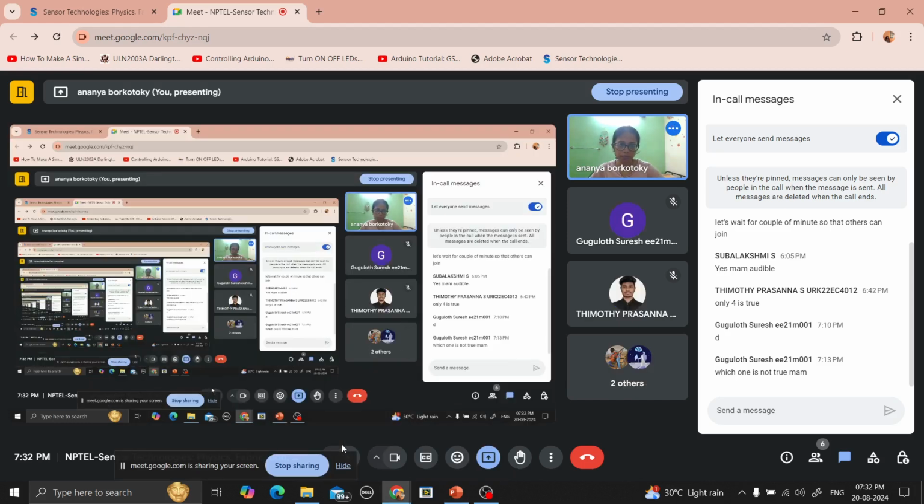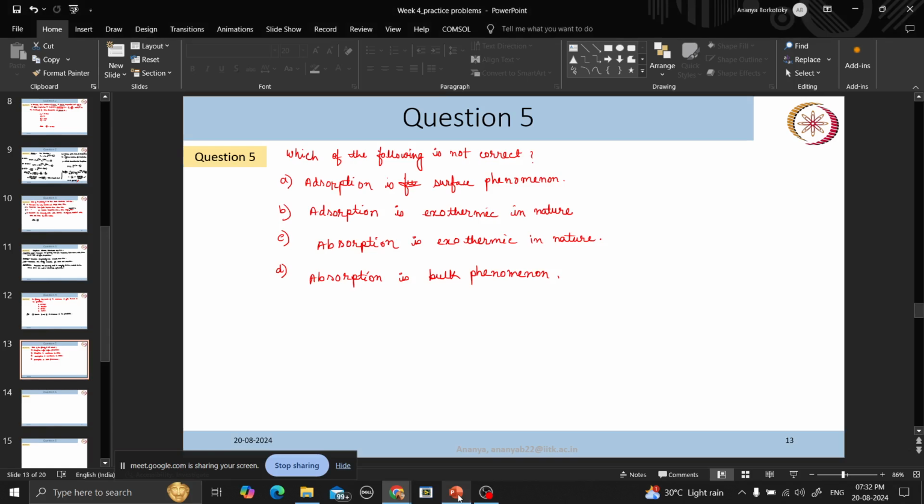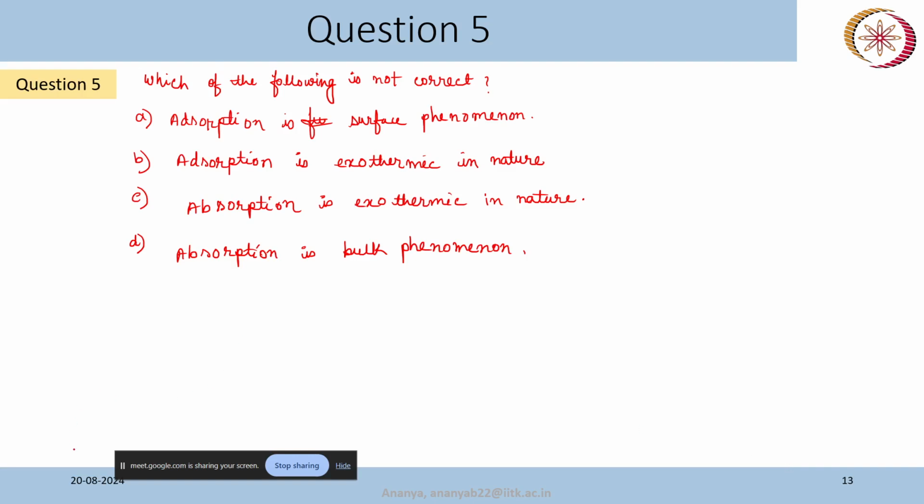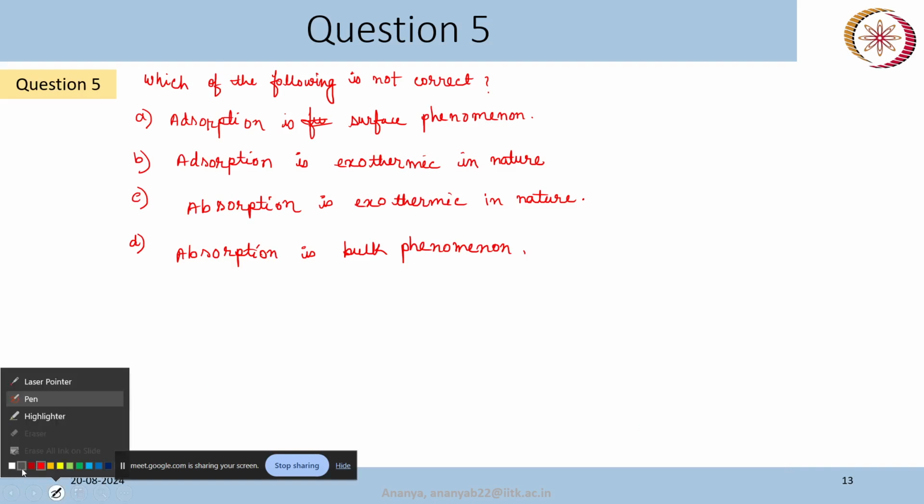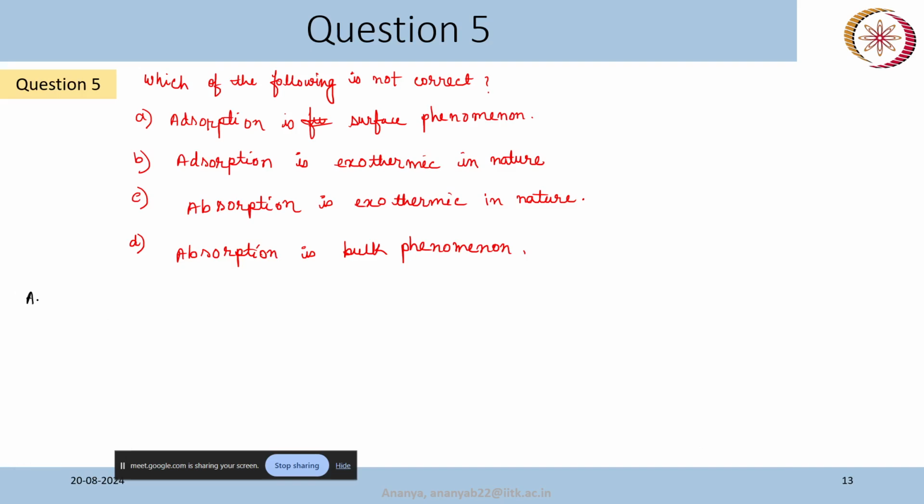So when we studied absorption and adsorption, we studied it in chemical sensors, I think right after MOS type sensors, metal oxide semiconductor type sensors.